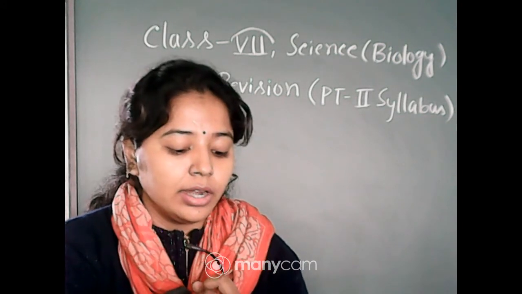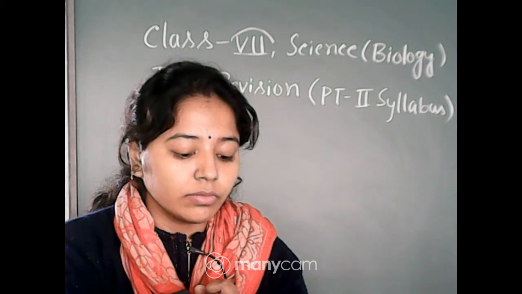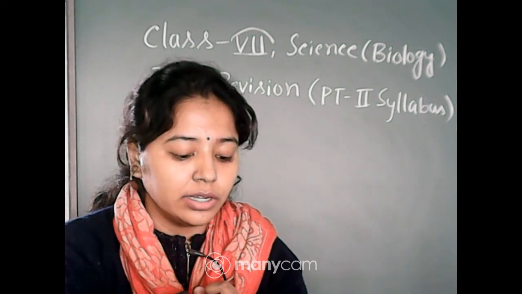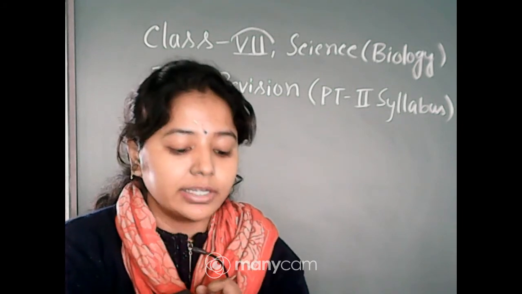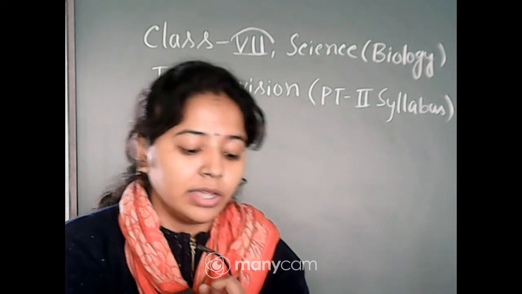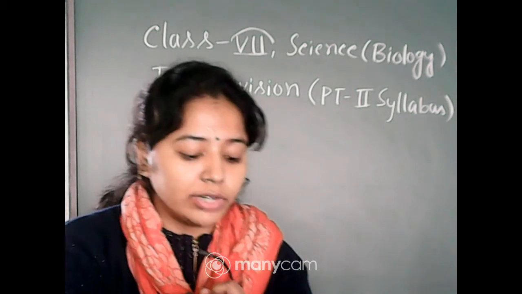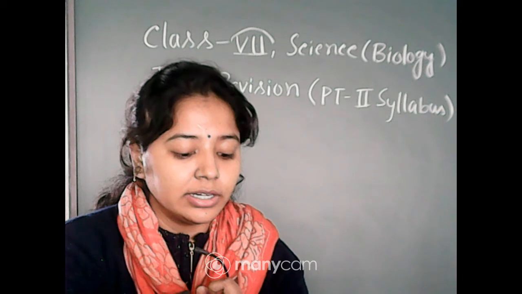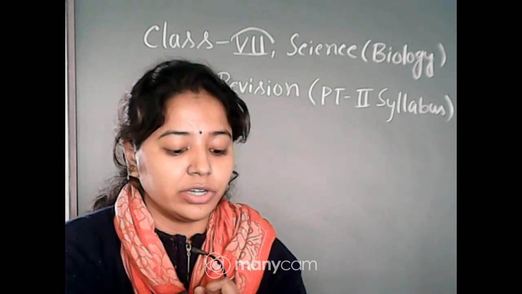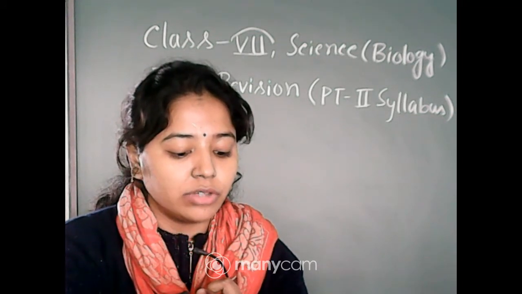Now another question: transportation of materials in the human body is conducted by the digestive system, excretory system, circulatory system, none of these. What will be the answer? Transportation of material is actually conducted by which of these?